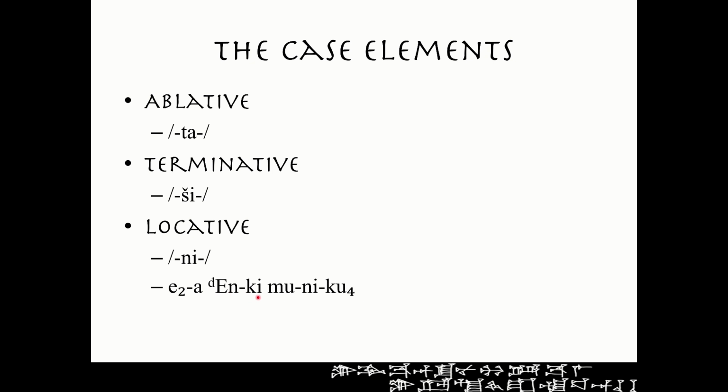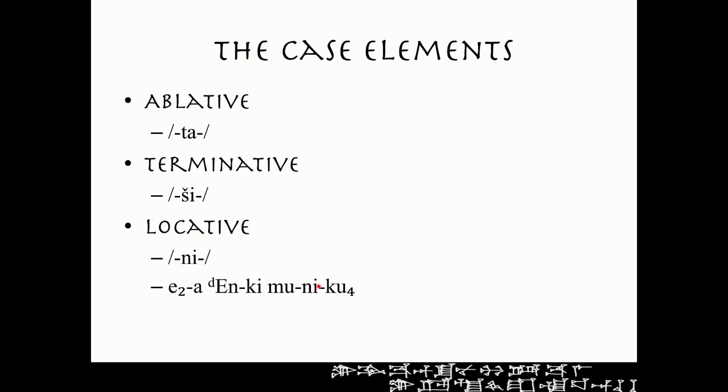dinger Enki, the god Enki, mu-ni-ku4-r. Ku4-r means to enter. So if we saw this ni, we might go looking for a locative. And here one is, right? This ni is referencing this a.